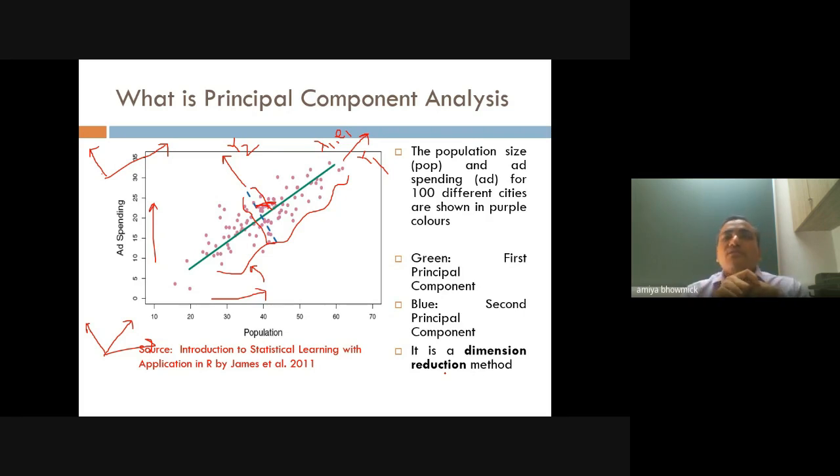Check out the distribution of individual variables, then try to compute the principal components, associate the standard deviation with the principal components, draw a scree plot, and also interpret that biplot.